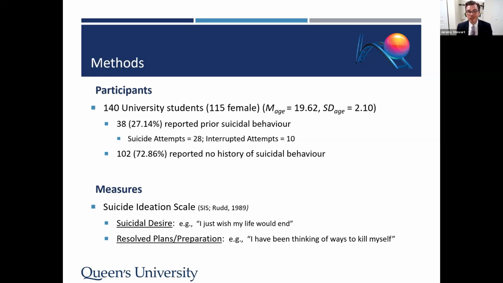That measure actually has 2 separate subscales. On the one hand, there's suicidal desire that reflects hopelessness and a non-specific desire that life would end. And the other subscale is called resolve plans and preparation, and that includes thoughts and actions that indicate greater readiness to make a suicide attempt.